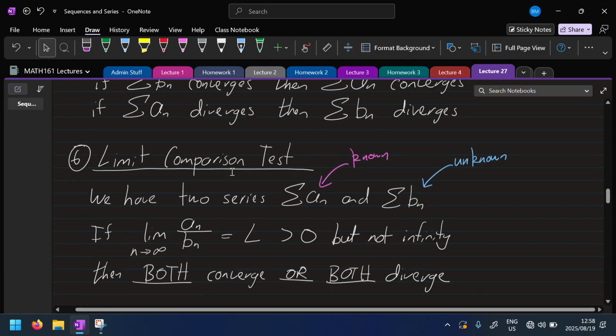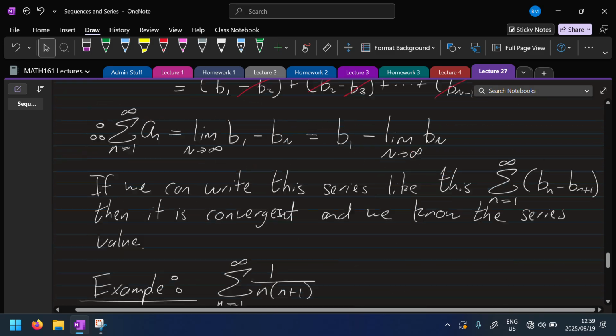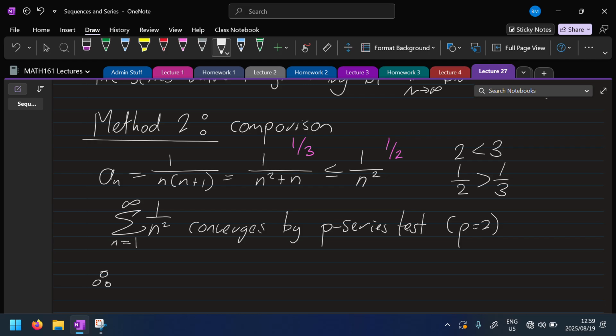Okay, so let's have a look at this test over here. So we've got an is less than bn, right? The 1 over n squared plus n is less than the 1 over n squared. And we know that larger one converges. The bn, the 1 over n squared, it converges. We know that. So what can we say about the an? It's going to converge. Exactly. Okay.